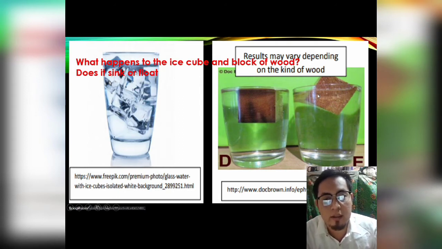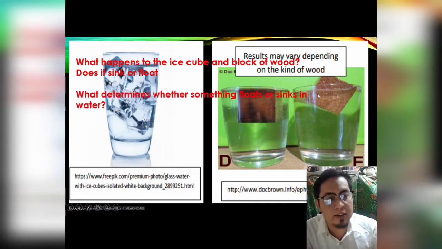Okay? Another question here is, what determines whether something floats or sinks in water? So what is it that determines whether an object will float or not in water?